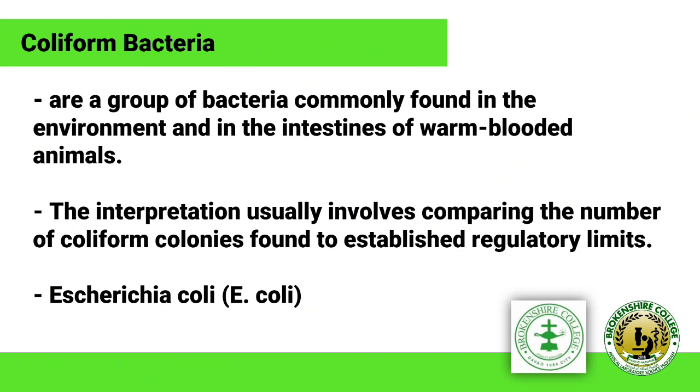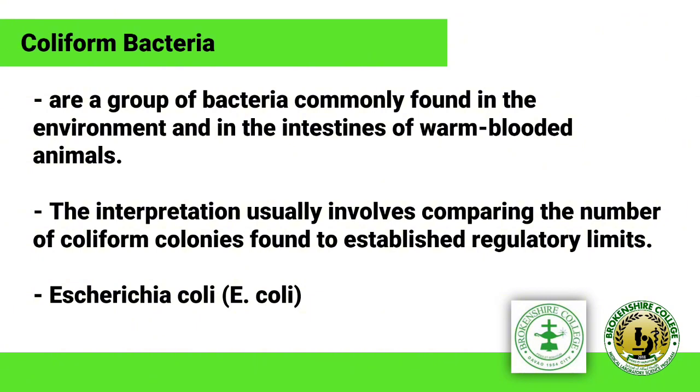The interpretation usually involves comparing the number of coliform colonies found to established regulatory limits. One example of this, sir, is drinking water, where coliform bacteria should be absent or below a certain threshold.